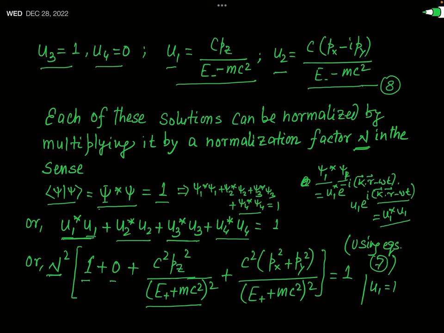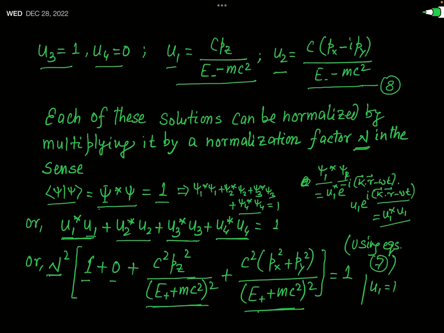But you know that u4 is c times (px plus ipy) over this much. But u4 star will be c times (px minus ipy). So when you multiply the complex conjugate of u4 with u4, your result will be c square (px square plus py square) over (E plus mc square) whole square.